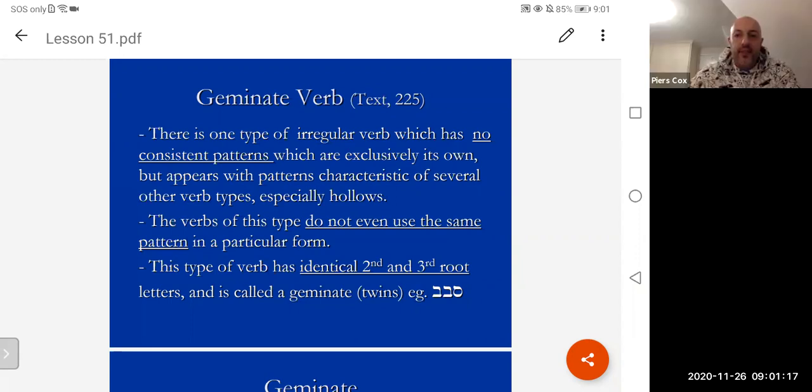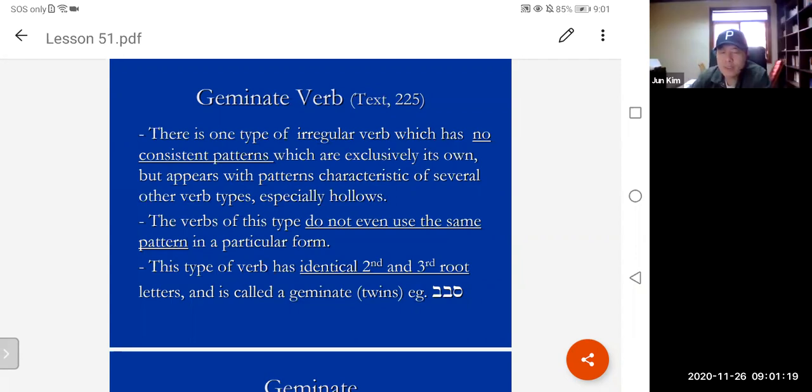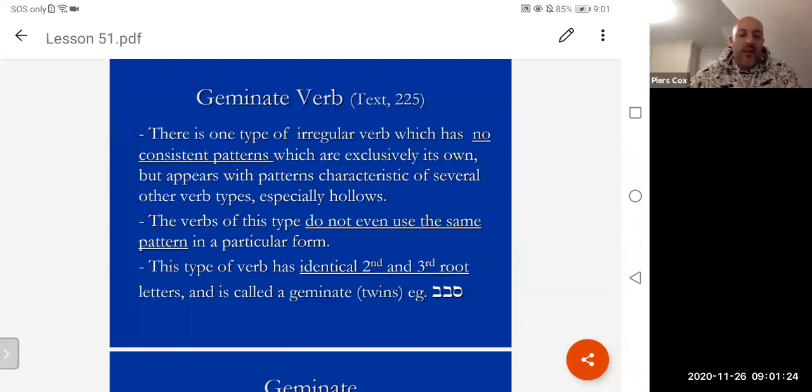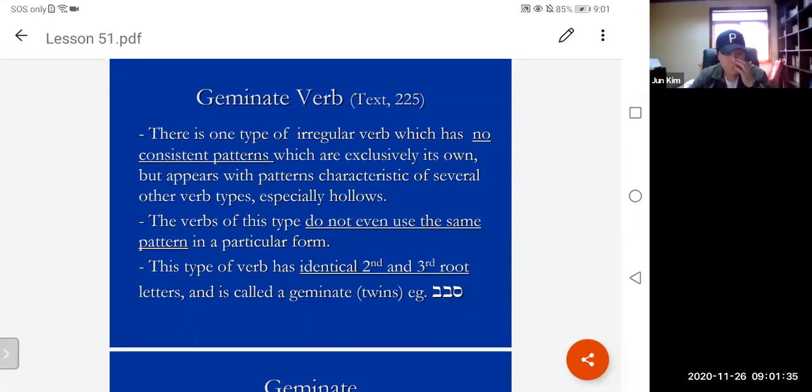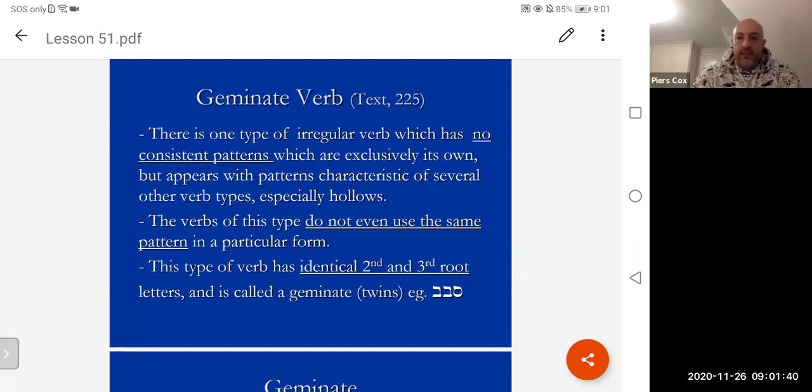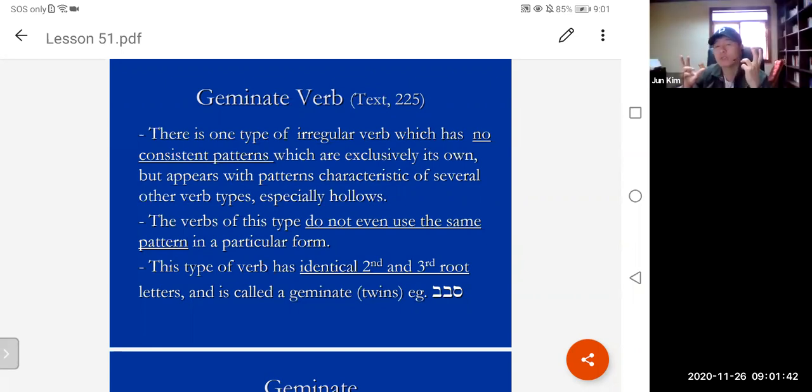So the English terminology has nothing to do with twins. The only reference I can think of is the star sign of the zodiac, Gemini, and Gemini is twins. Then I think it has something to do with that idea. Yes, the reason we have geminate is because it refers to the English terminology of twin. So now we understand what it means by geminate verbs. Okay, then let's move on.